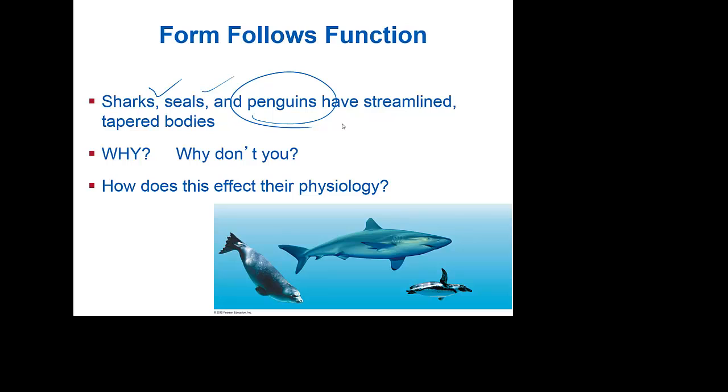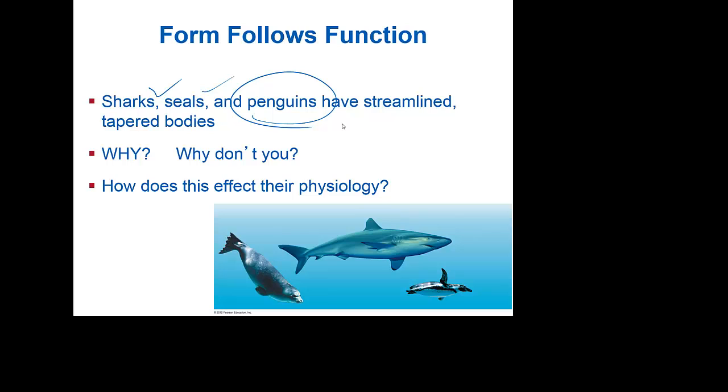Well, how does your environment drive the adaptations and the evolution of characteristics that would make you better adapted to that environment? Have you ever seen a penguin walk around on land? It's pretty hysterical, right?